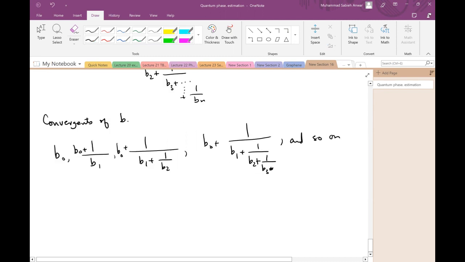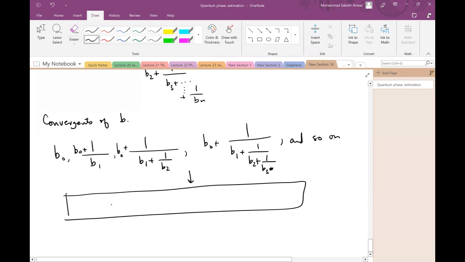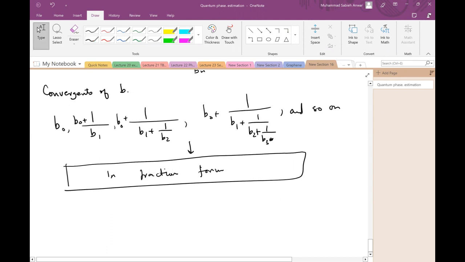So finally, we express all of these convergents in fraction form. We will get some b0, which of course is an integer, could be 0. So let's not use R. Silly me, let's use some other symbol, say t, s, t prime, s prime, t double prime, s double prime.